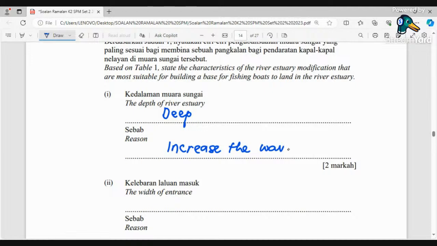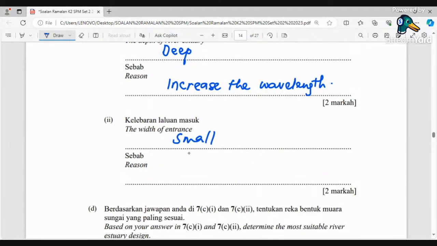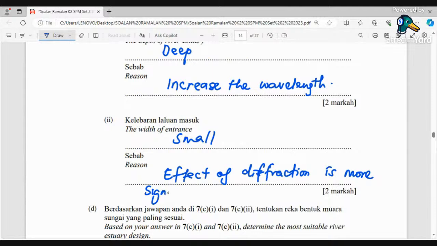Increase the wavelength. Okay, width of entrance small. You boleh tulis effect of diffraction is more significant, ataupun the waves spread more.